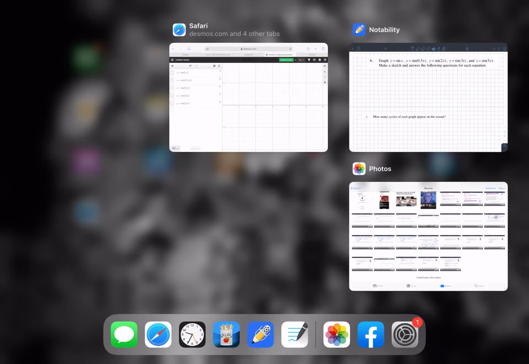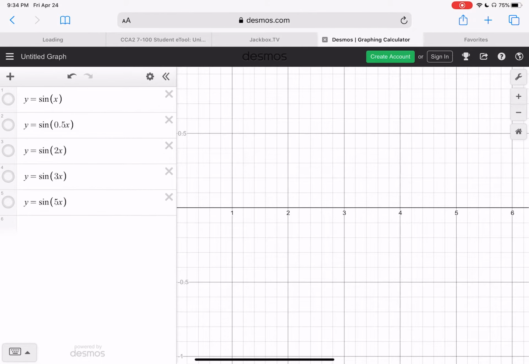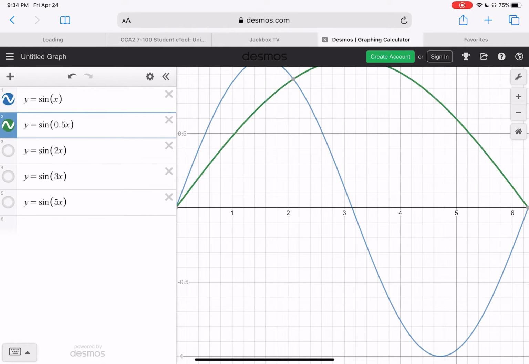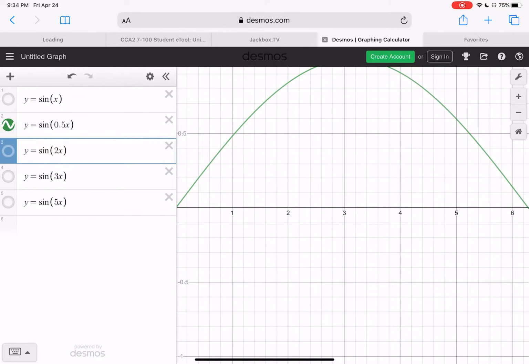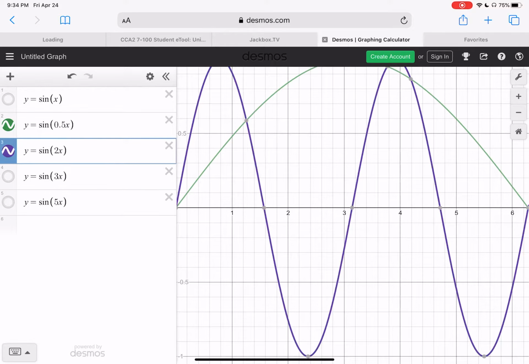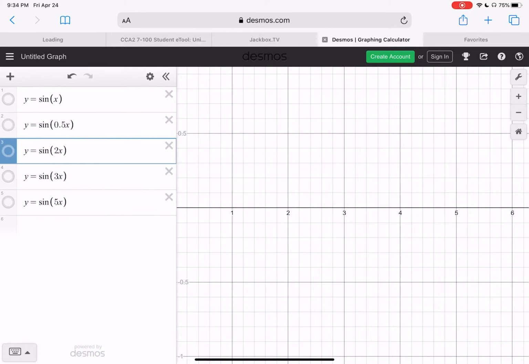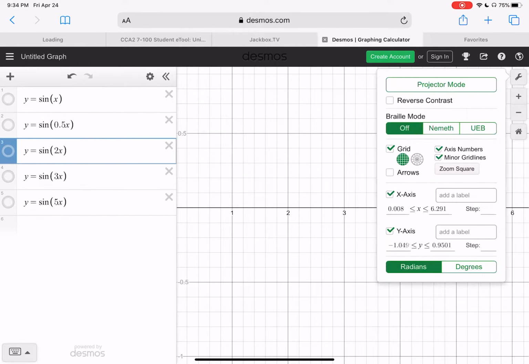So let's start by sketching. In Desmos, I already typed these in, but you'll want to type in y equals sine x, y equals sine of 0.5x, y equals sine of 2x, and so on. Remember, don't shift your window around.